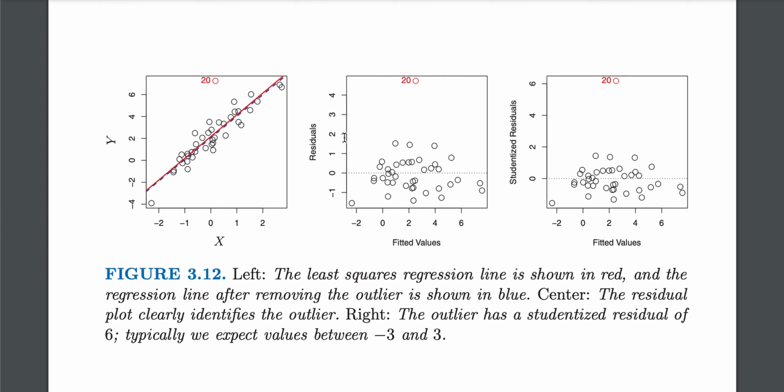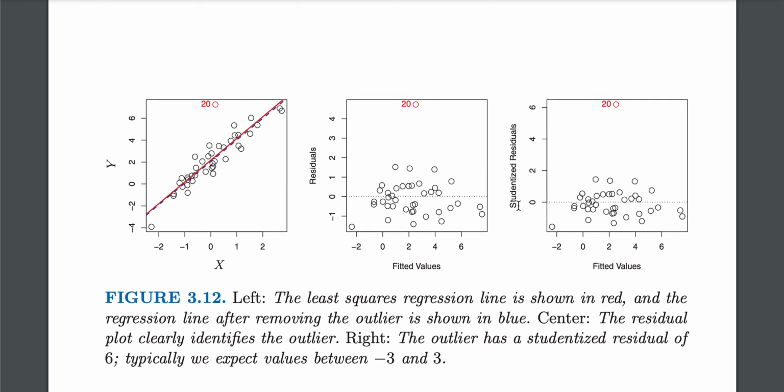But the value of the scale of the residuals will depend on the scale of the data. So it's harder for us to determine what is an outlier, where to draw the line or where not. I made a mistake. Sorry. This is studentized, not standardized. Studentized residuals as opposed to residuals.